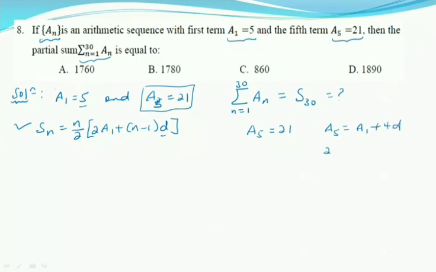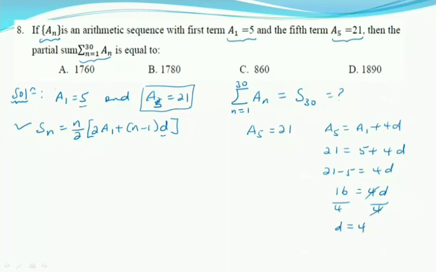So 21 equals the first term plus 4 times the common difference. So this implies 21 minus 5 is equal to 4d. So 16 equals 4d. Dividing both sides by 4, we get d equals 4.